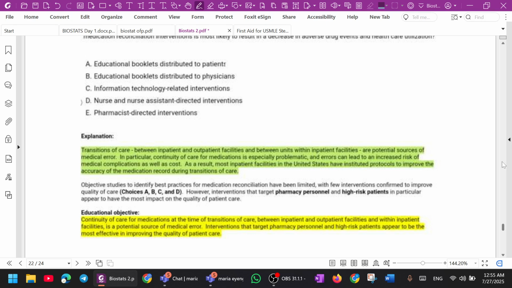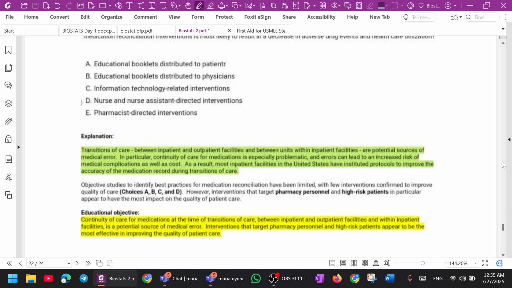Objective studies to identify best practice for medication reconciliation have been limited, with few interventions confirmed to improve the quality of care. However, interventions that target pharmacy personnel and high-risk patients in particular appear to have the most impact on the quality of patient care.